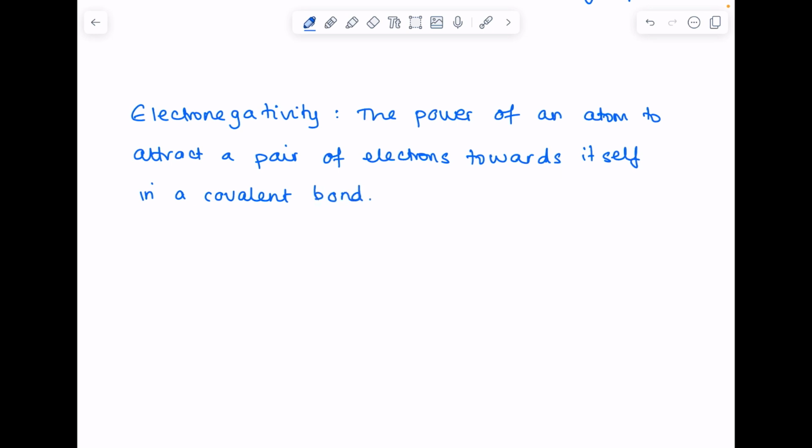So if we consider that definition, what's going to be doing that attracting is obviously going to be the positively charged nucleus.